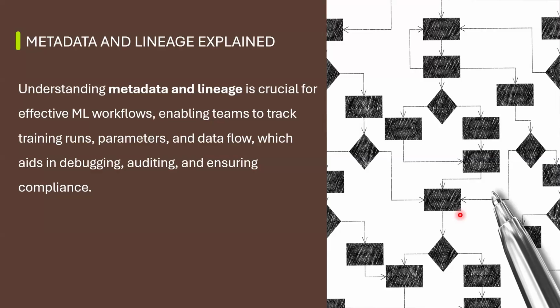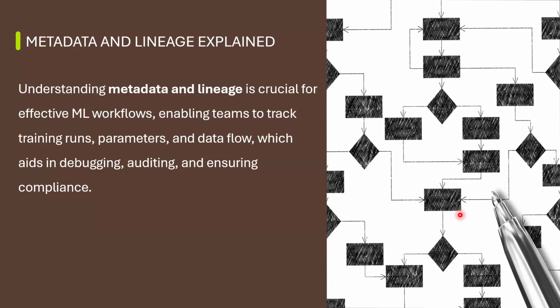The lineage shows us where that data is coming from. It shows us what the data was like before we turned it into that feature table, that engineered table. It shows us where we get our data from. Understanding the metadata and lineage is essential because it helps with debugging, it helps with auditing, and it makes sure that we're on track with our compliance.